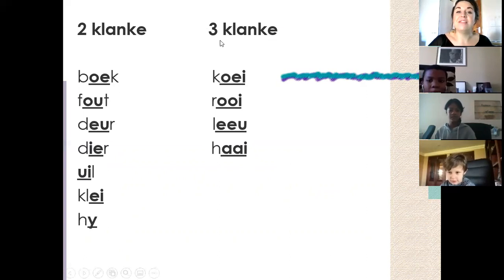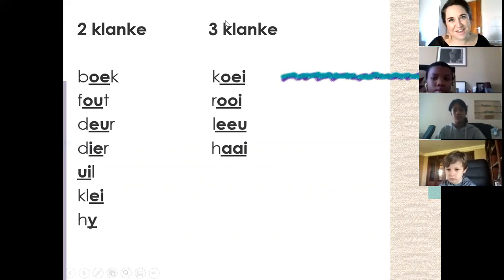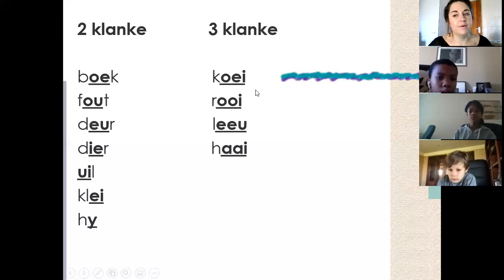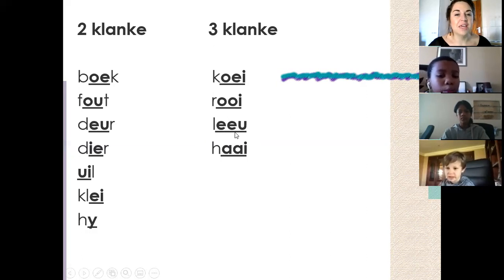And now we have drie klanke. That means that there are three vowel sounds that make a new vowel sound. Okay, so let's look at this. Ka, ui, kui. R, oi, roi. Red. Mooi. L, ew, leeuw.